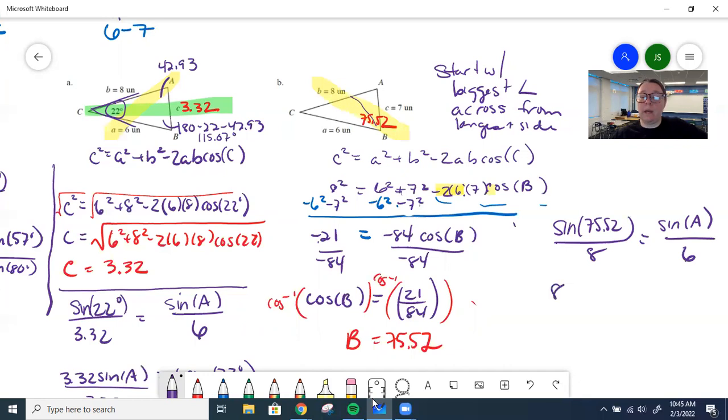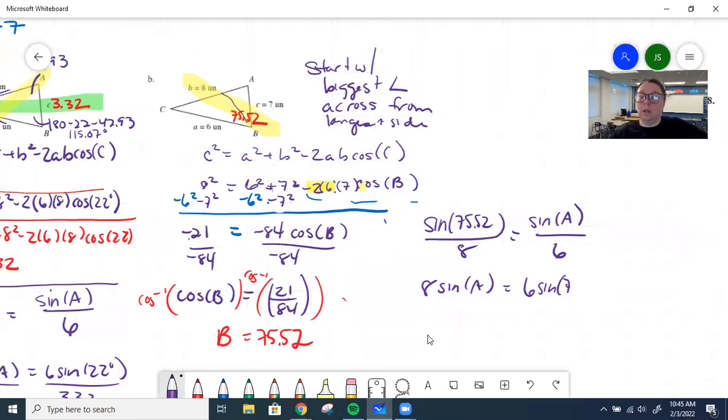All right, so then I have 8 times the sine of A equals 6 times the sine of 75.52, and then over 8. And then I have the sine of A equals all of this.